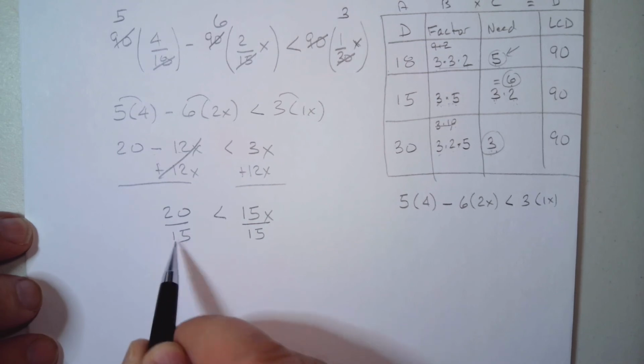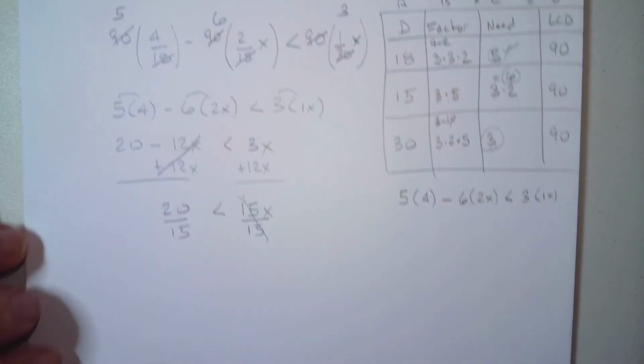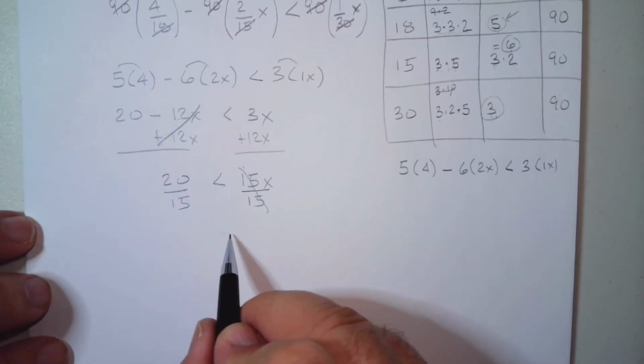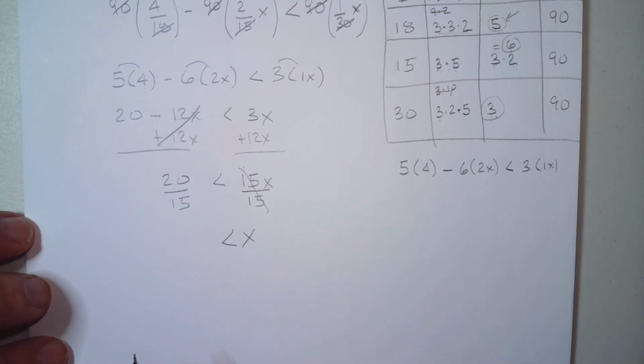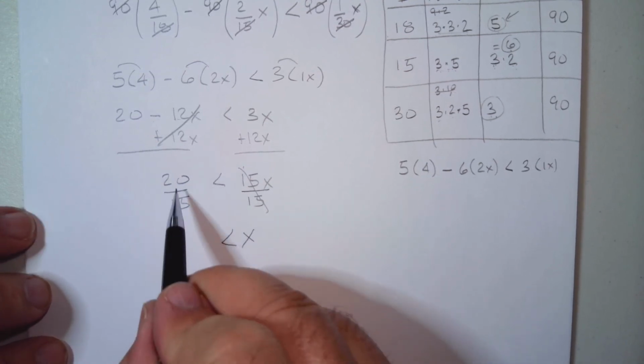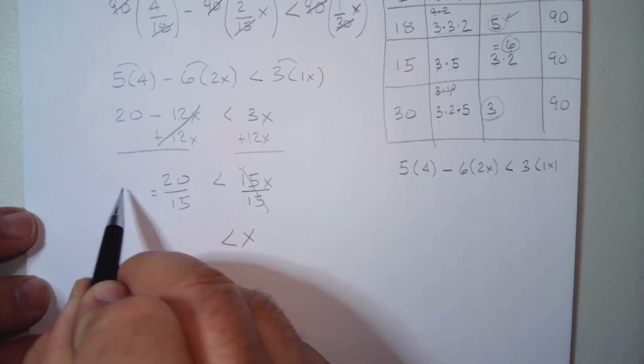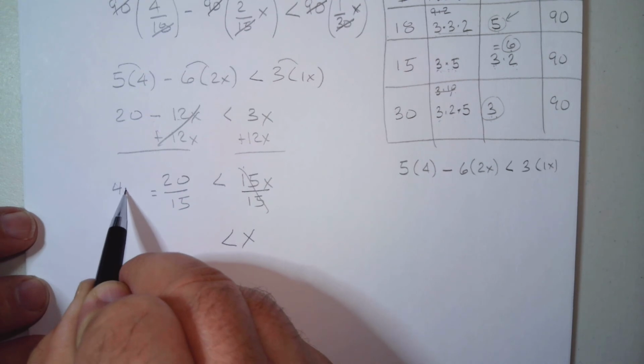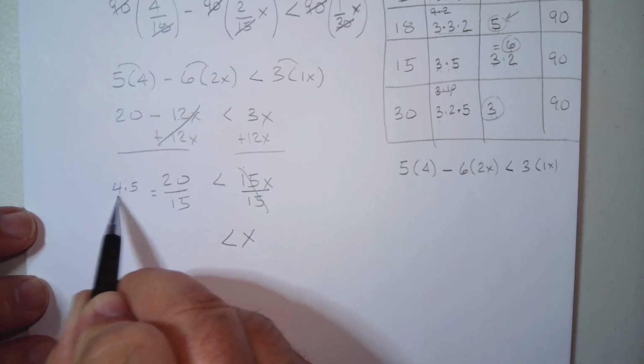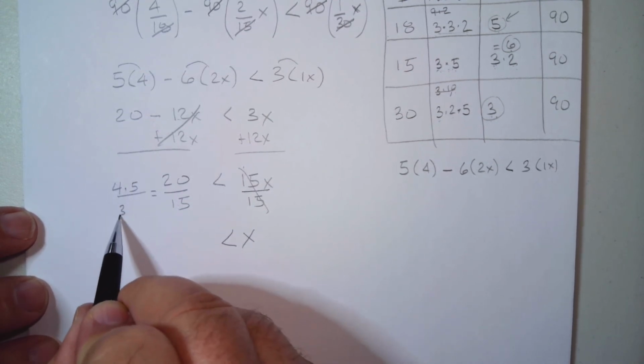Divide by 15 to get rid of the coefficient. So that becomes x over here. But 20 and 15, they both have a 5 in common. 20 is made up of 4 times 5. 15 is made up of 3 times 5.